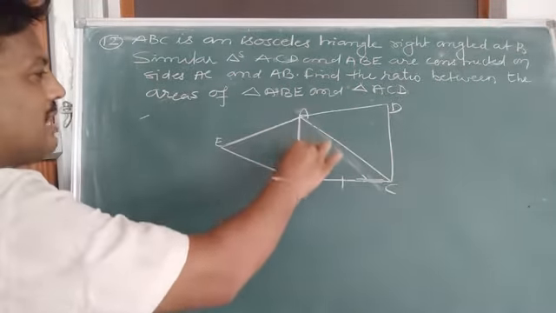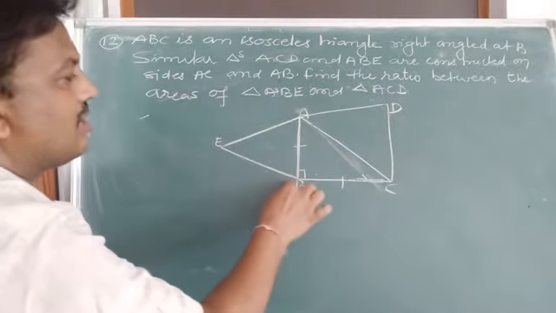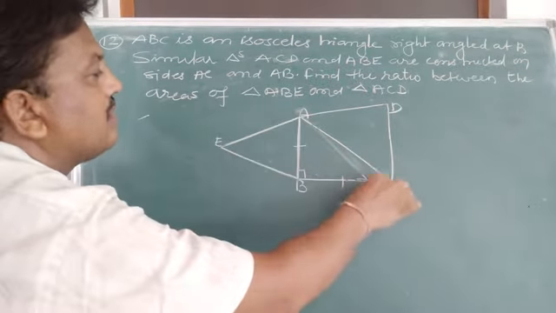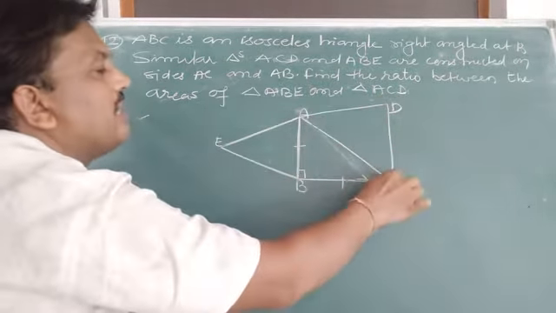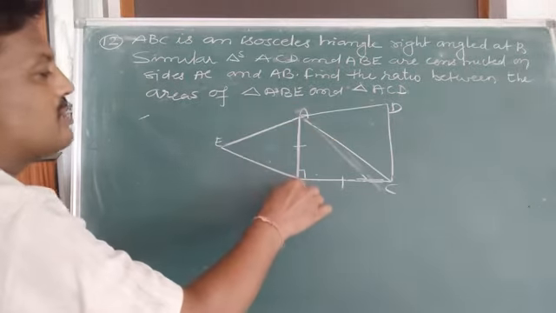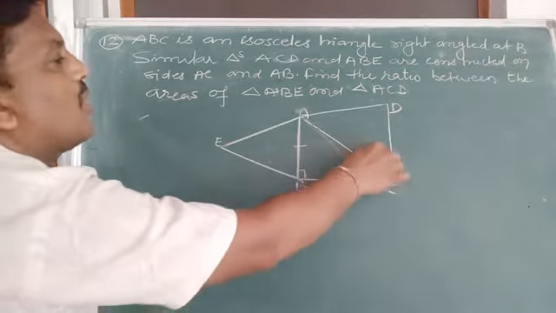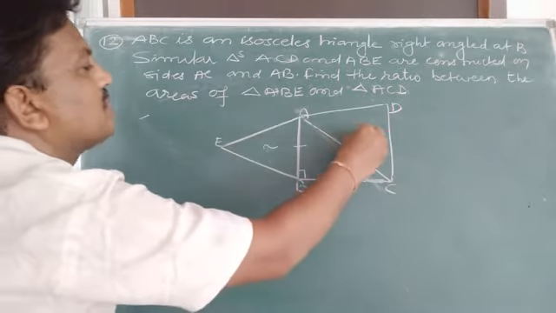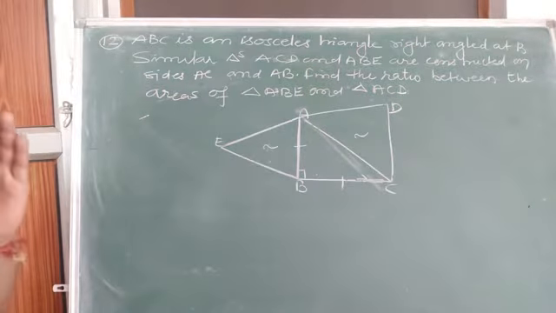Children, there is an isosceles right angle triangle, on side AC one triangle ACD is constructed, on side AB one triangle AEB is constructed, and these two triangles are similar.